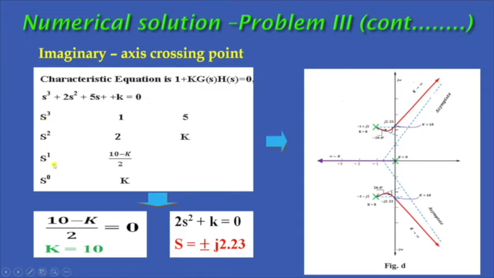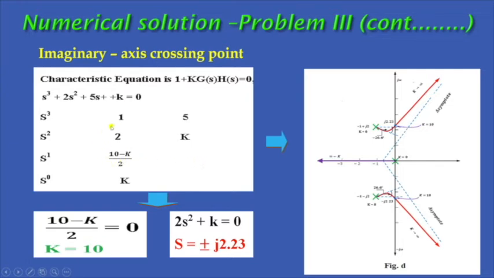In the Routh array, s cube row is 1, 5; s square row is 2, k. Then s one row is 2 into 5 minus 1 into k divided by 2, that is 10 minus k by 2, and 0. Then s zero row is k. If we consider this is 0, then we find k equal to 10. That means this row is totally 0.